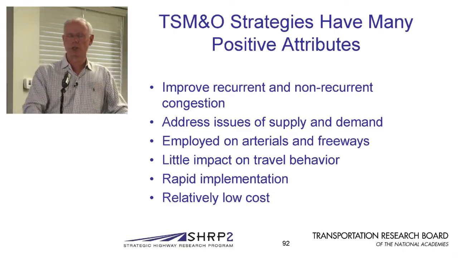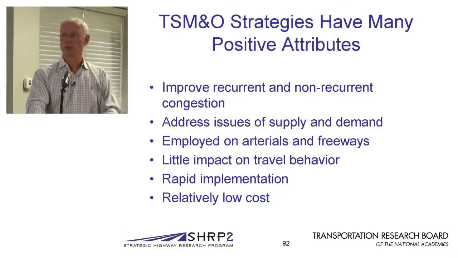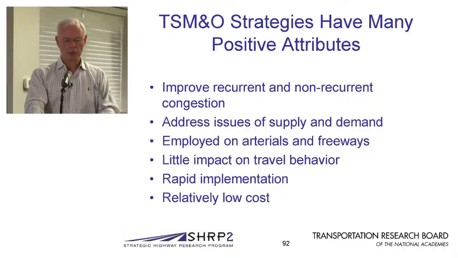You really don't deal with those kinds of things when you're dealing with TSM&O. Some people may argue that there are some minute impacts, but very little and very difficult to get a handle on. TSM&O can be implemented much more rapidly than major construction projects, and can be done at a relatively low cost. So lots of good things.